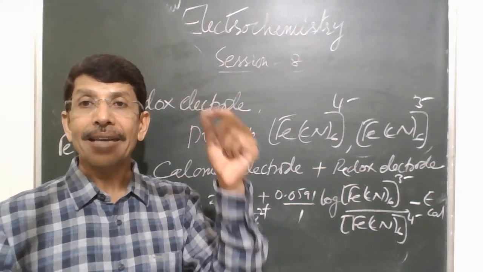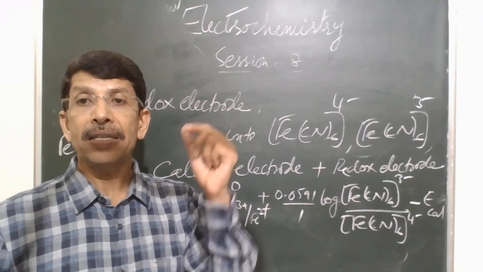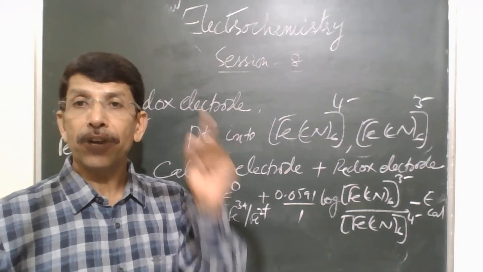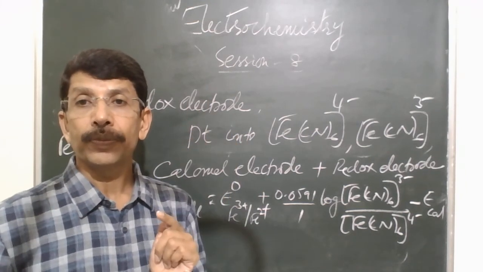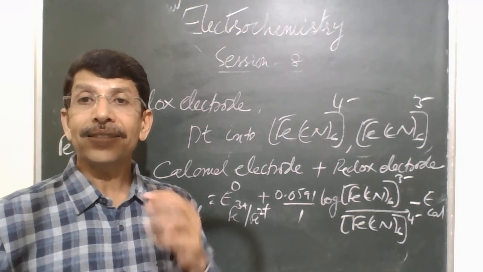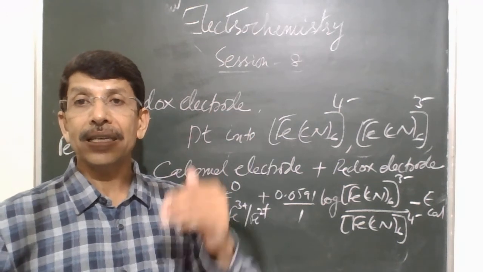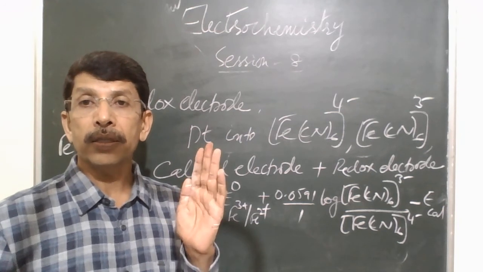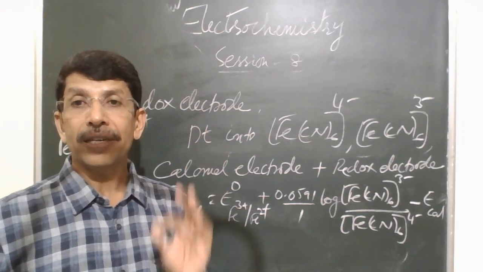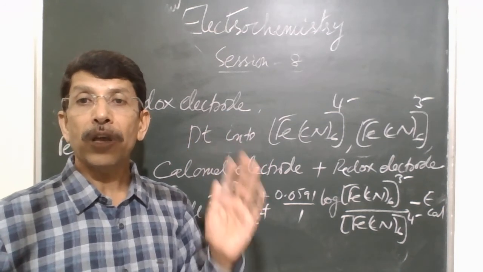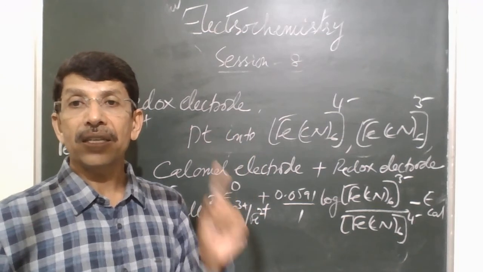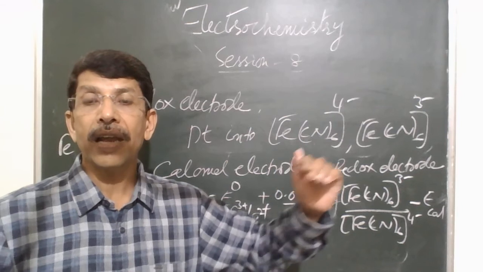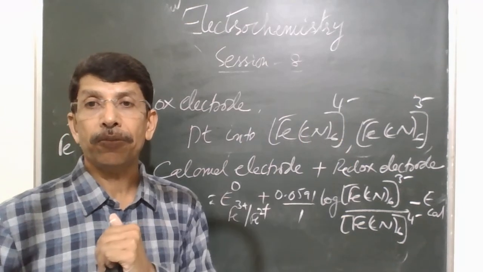So as long as ferrocyanide is present in the solution, addition of zinc sulfate from the burette results in the gradual increase of EMF. So how long does the EMF increase? Till ferrocyanide ions are present in the solution.